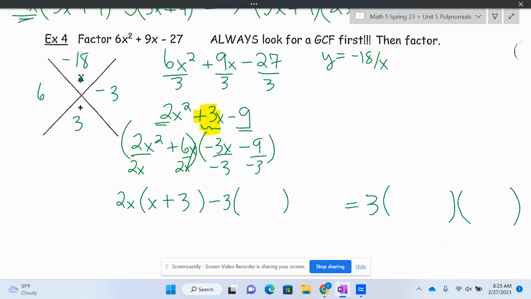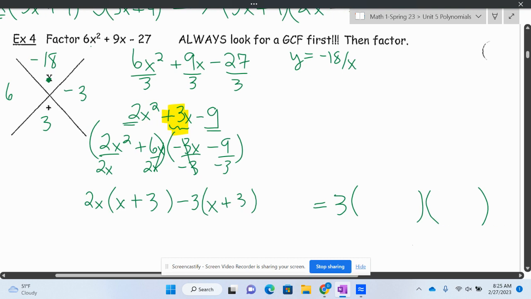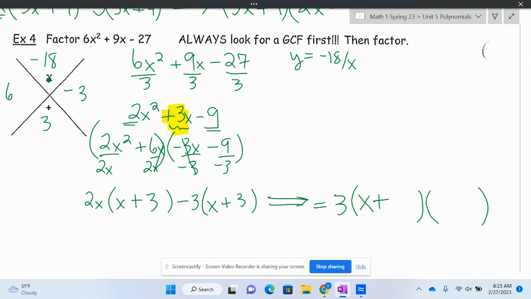Well, a negative divided by a negative is a positive. These cancel out, and I'm just left with x. Negative 9 divided by negative 3 is plus 3. Do I have a copycat? I do. I'm going to kind of arrow over. So my copycat, x plus 3 times what's left over, 2x minus 3.